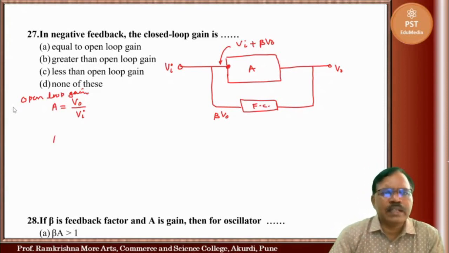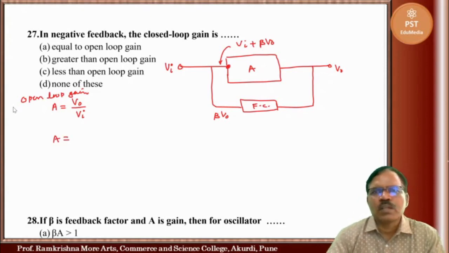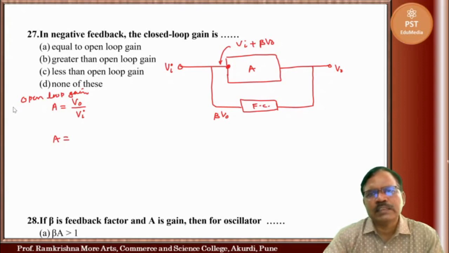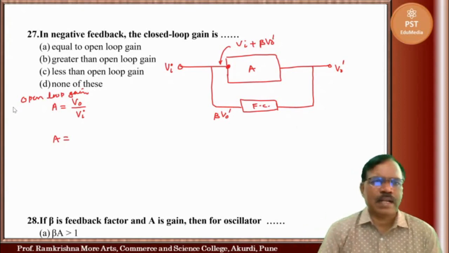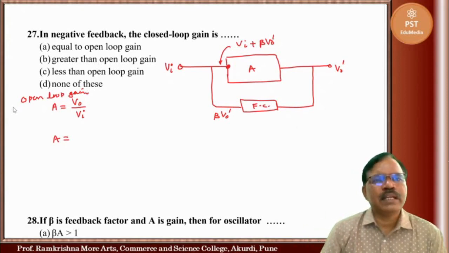So we get here A is equal to. Now what happens here? Since input changes, output changes. So I can take V0 dash. This is output with feedback. So A is equal to V0 upon Vi plus beta times V0.